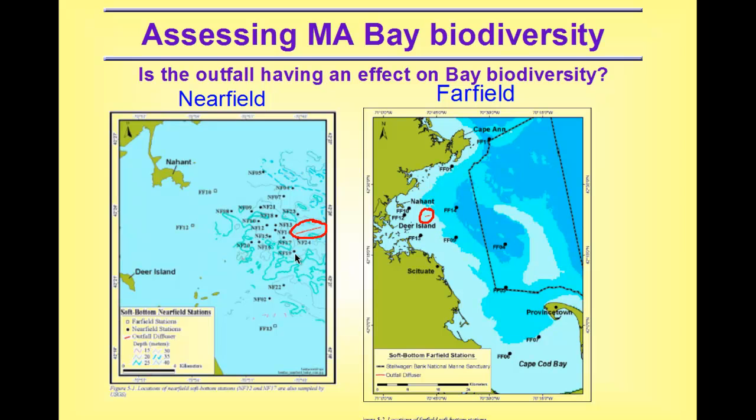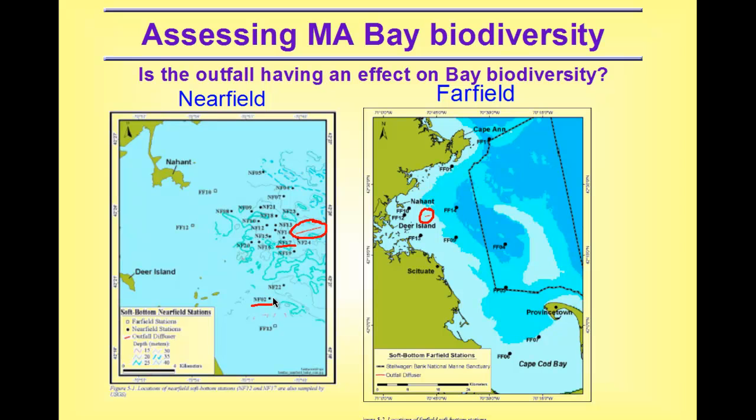We'll see all of the stations, but I'm just going to focus on 4 stations from each data set. NF17 is located very close to the outfall. It's a sandy station, very little silt clay, and it's dominated by 2 tube-building amphipods. Near field 2 is a station that is next to a sandbank.